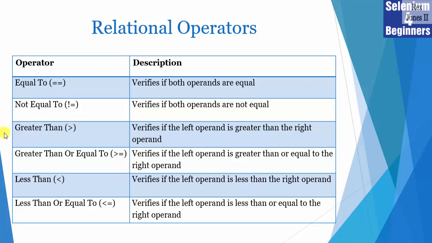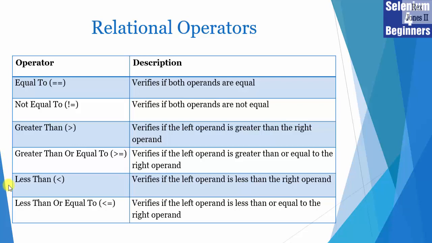Greater than has a closing angular bracket symbol that verifies if the left operand is greater than the right operand. Greater than or equal to combines two symbols, the greater than and equal to symbols, that verify if the left operand is greater than or equal to the right operand.